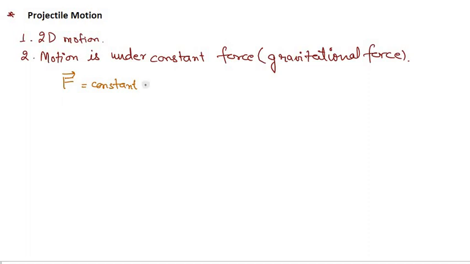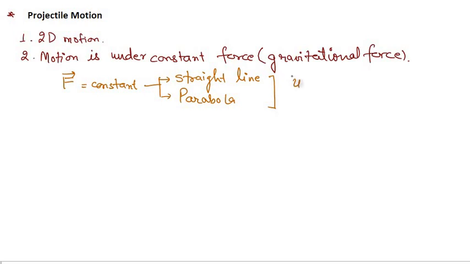For this type of constant force, there are two types of paths that are possible. The first is the straight line path, and the second is the parabolic path. When the force is constant, these are the two possible paths. Which path depends on the velocity.